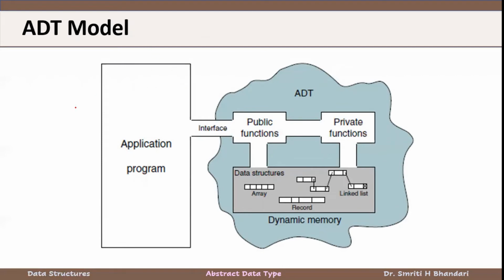So let's see the ADT model. See here, in this particular figure, we are having the ADT model. The colored area, this colored area with an irregular outline over here, this represents the ADT. Inside the ADT, we are having two different aspects of the model.